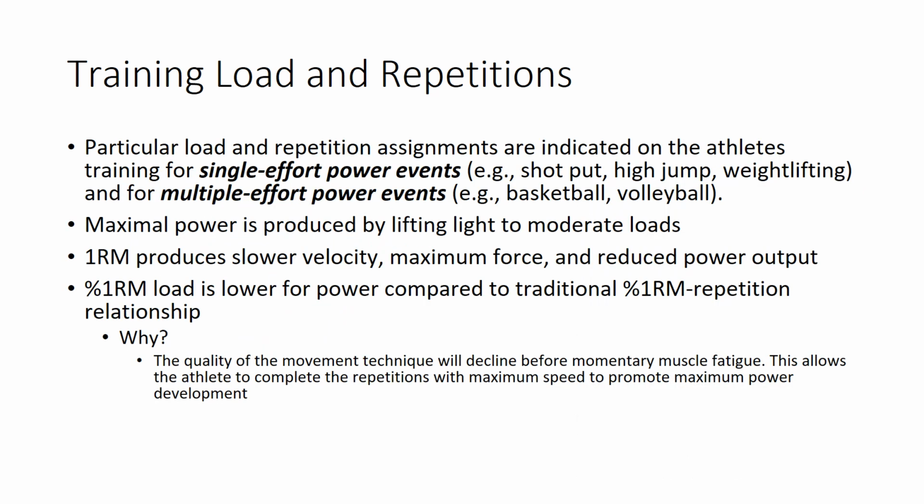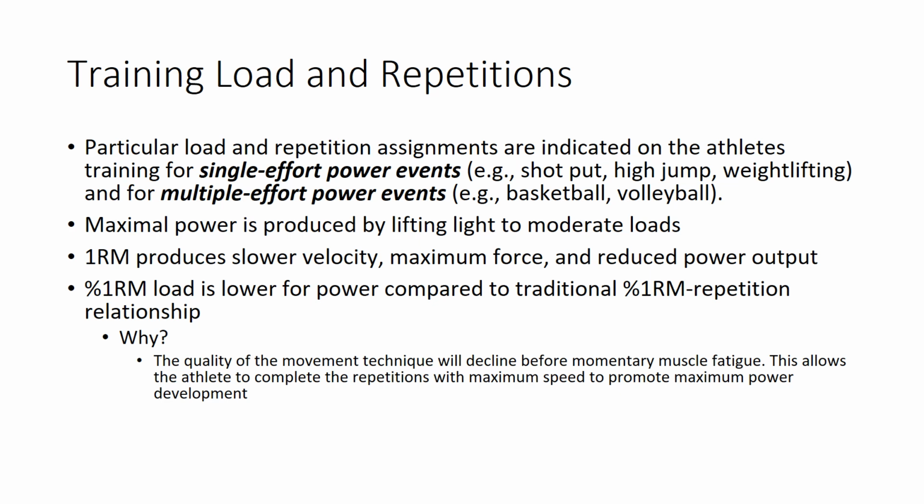The particular load and repetition assignments are indicated on the athlete's training of a single effort power event, such as the shot put, high jump, or weightlifting, or for a multiple effort power event, such as individuals playing basketball or volleyball. When we look at single effort event athletes, they may be assigned sets of 1 to 2 repetitions while utilizing an intensity of 80 to 90% of their 1RM, particularly on their heavy training days, if you're alternating between lighter and heavy training days to allow for some sort of recovery.